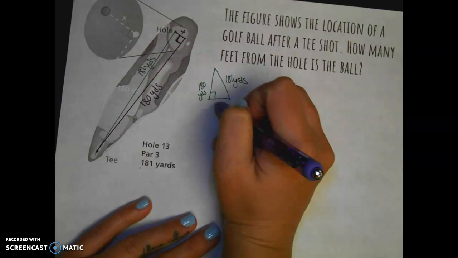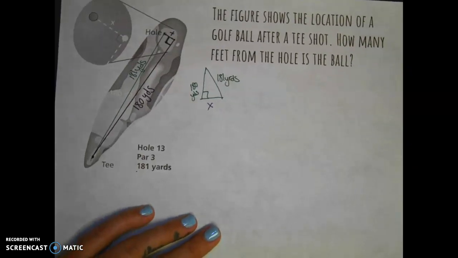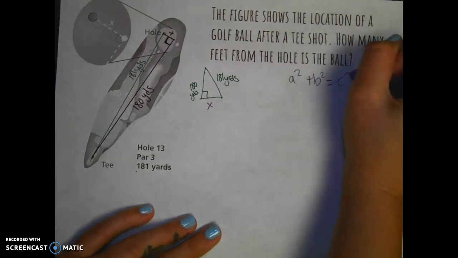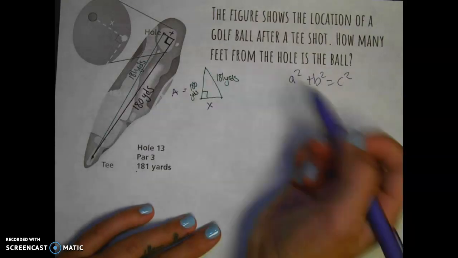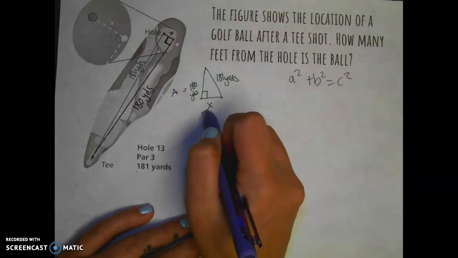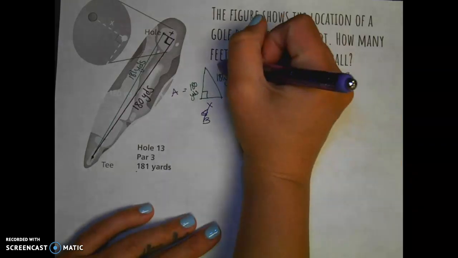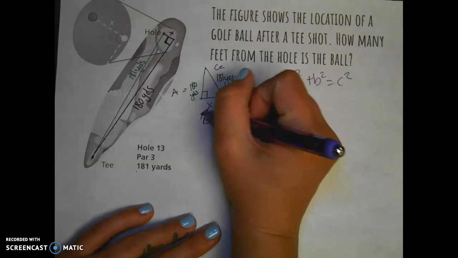Therefore, this X is what I'm missing. So my formula is A squared plus B squared equals C squared. This is going to be my A. Right here is my B. And this is my C. So I'm actually missing my B.